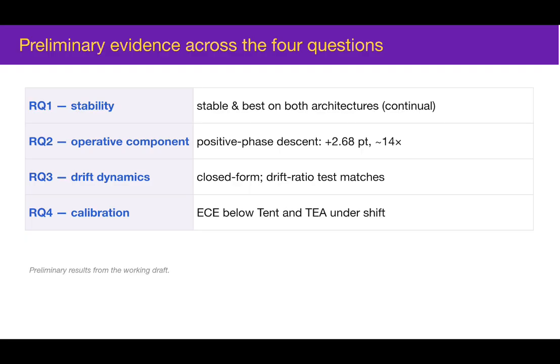For research question three, we know that the closed-form formula matches the measurements. For research question four, we use the expected calibration error, which measures whether the model's confidence matches its real accuracy. It is lower, meaning better, than TENT.